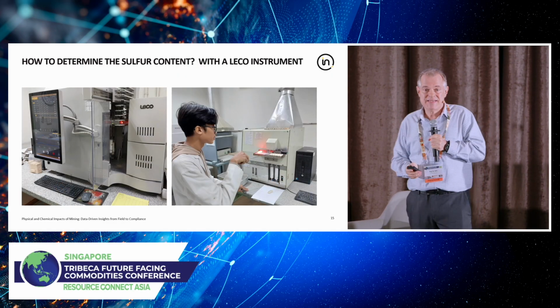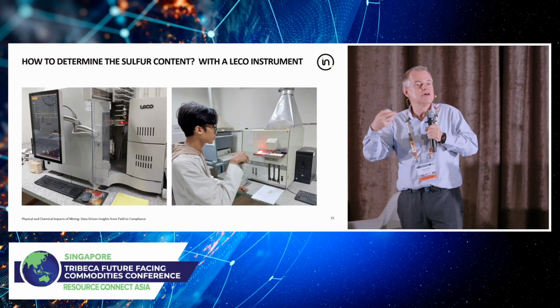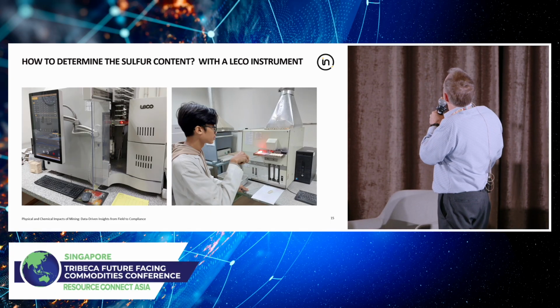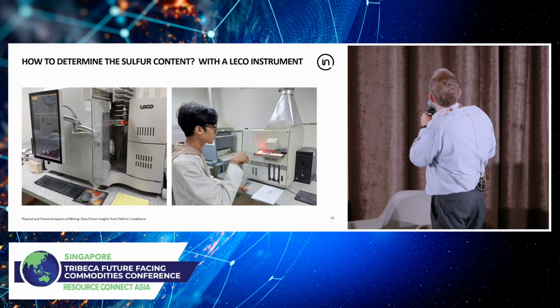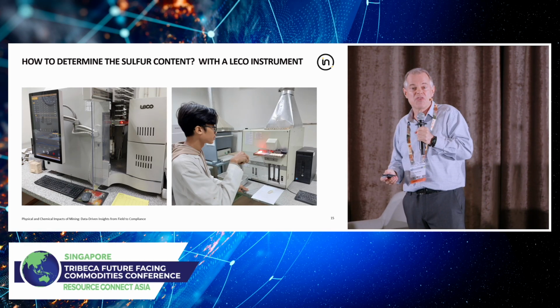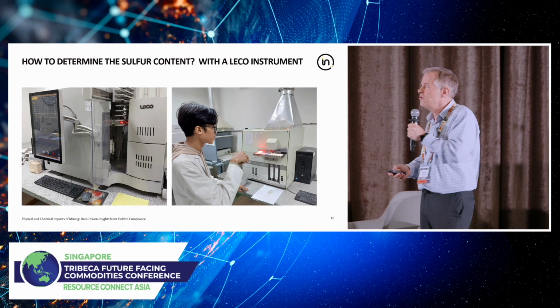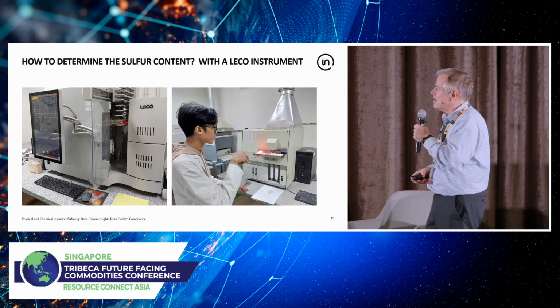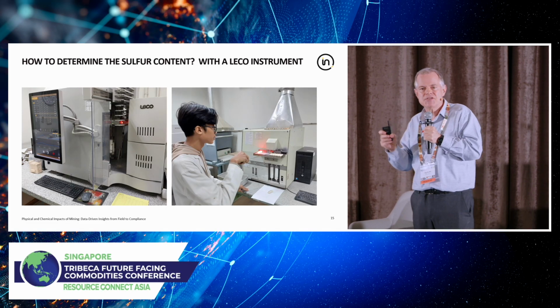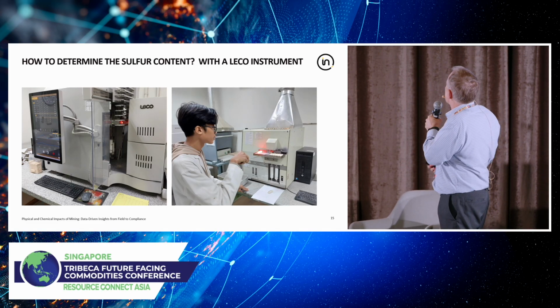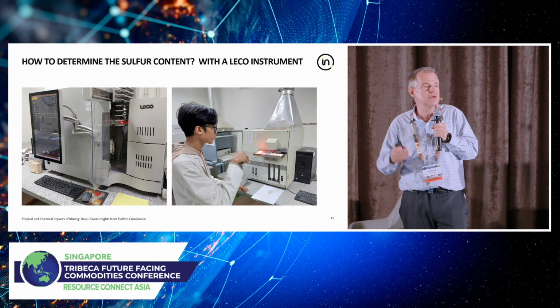On the next test, we're actually determining the sulfur content of the rock. In this case, we use a LECO instrument. On the right side, you'll see our technician. That instrument, by the way, is more than 30 years old, and it's still very reliable. He's inserting a crucible filled with this powdered rock inside an electric furnace at 1,350 degrees centigrade.